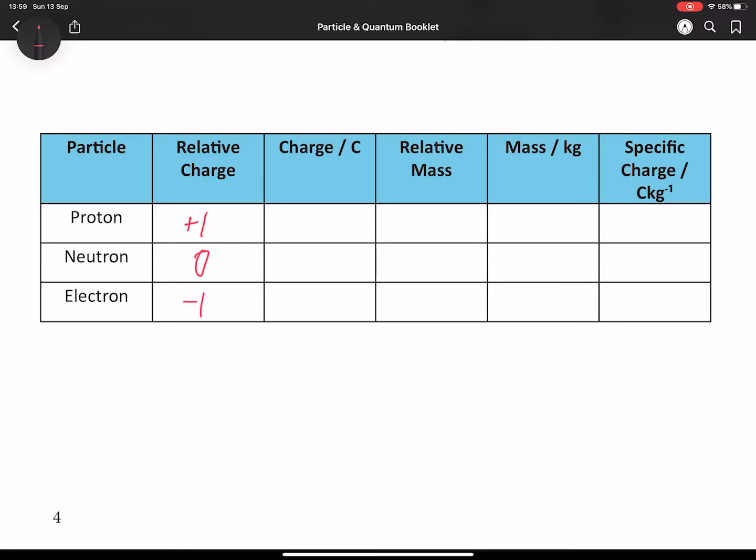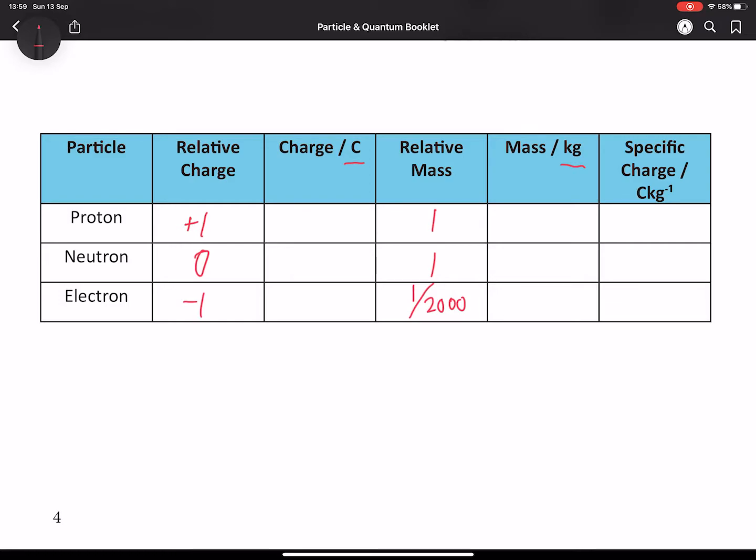So +1 and -1 for the relative charges of protons and electrons, and 0 charge for the neutron, whilst the relative masses of protons and neutrons are the same at 1, and the electron has a much lower mass, 1/2000, or whatever variant of that suggests it's negligible.